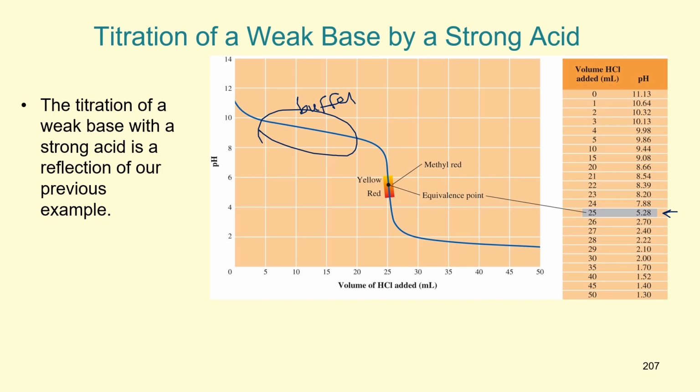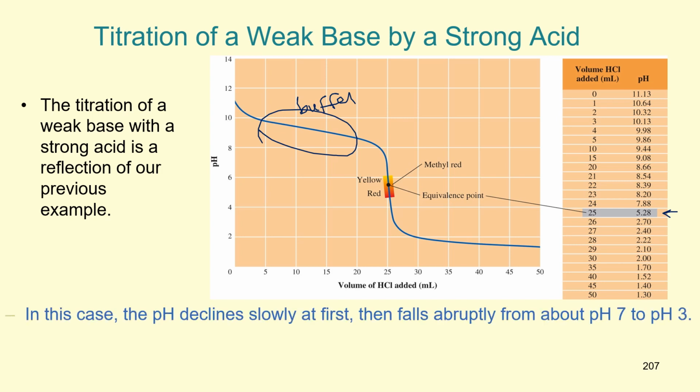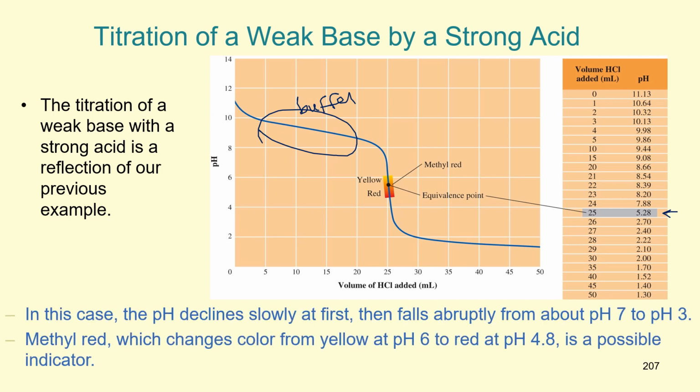So we're not going to do any calculations with this, but you can recognize it. The pH will be less than 7, and it will not look even. If you did a strong base with a strong acid, it would look completely opposite. It would be very symmetrical. In this case, methyl red would be a good indicator.